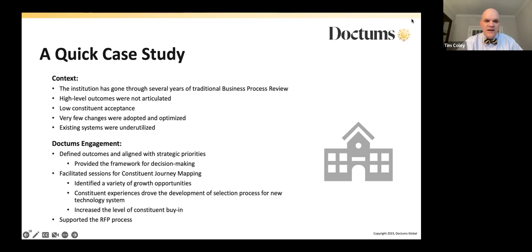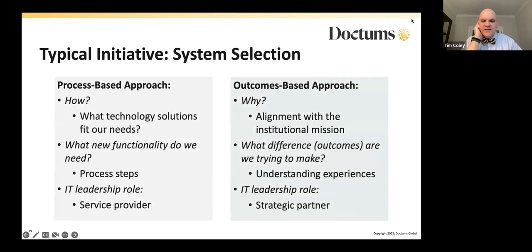And so this example shows us that a lot of things came together: defining the outcomes, making sure those are communicated and aligned, doing some journey mapping, understanding people's experiences, making sense of that, and thinking about how this would help shape the tools they're going to need to make improvements. This one just happened to lead to a selection process. And I'll just tell you that we can generalize some of the same principles to other kinds of system selections.